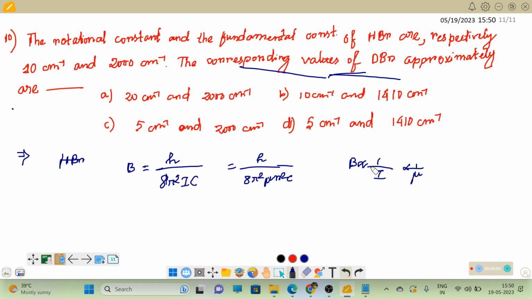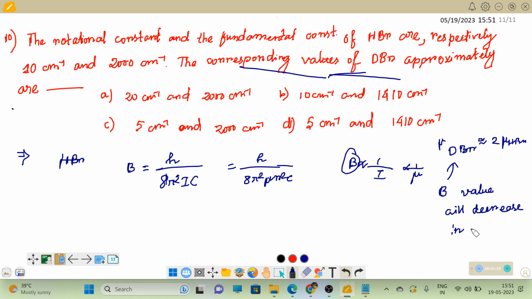Definitely, the rotational constant for DBr is lower, because the reduced mass of DBr is approximately twice the reduced mass of HBr. So the B value will decrease in DBr.